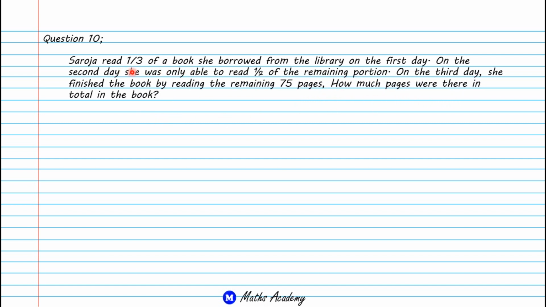First, we should find the remaining amount and then we should find the amount that she read on the second day, and then we should find the amount that she read on the third day. From that amount, we can find the total pages that is in the book.